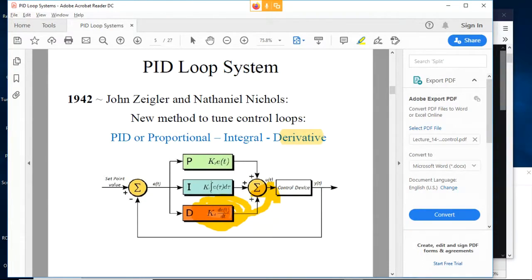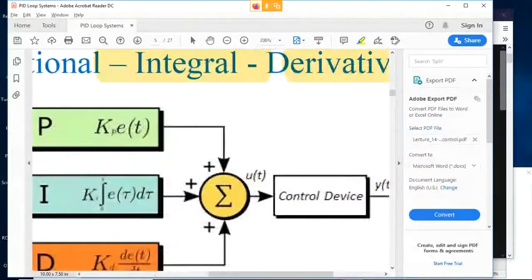Now, with any of these controls, you're using these gains. You have a KI or a KP. Yeah, it's KP. It just looked like an I. So you have KP, which is the proportional control gain, and then you have KI, which is the integral control gain.